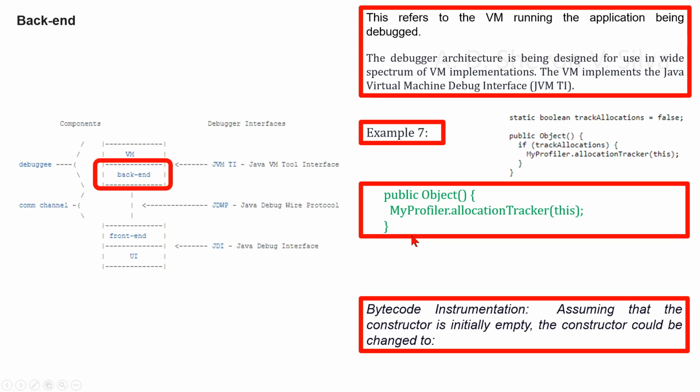A first created object will call the constructor, causing a class load of myprofiler, which will then cause object creation, and since myprofiler isn't loaded yet, infinite recursion, resulting in a stack overflow. A refinement of this would be to delay invoking the tracking method until the safe time. For example, track allocations could be set in the handler for the VM init event.